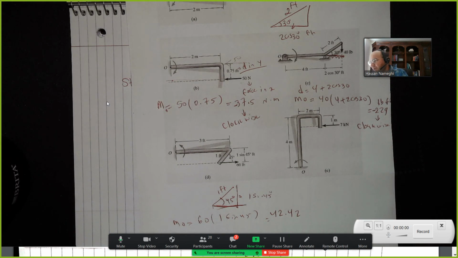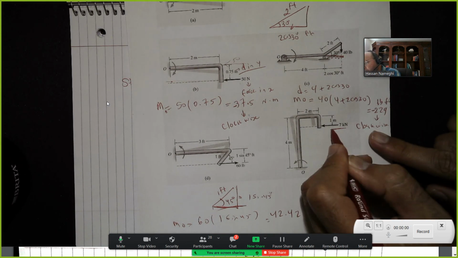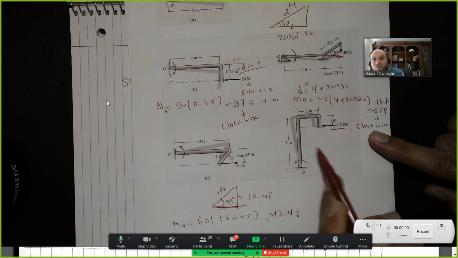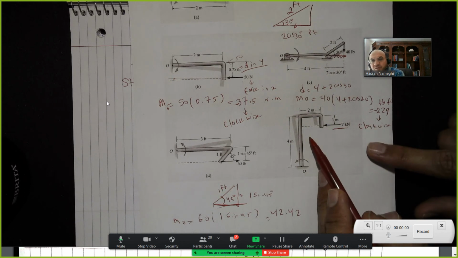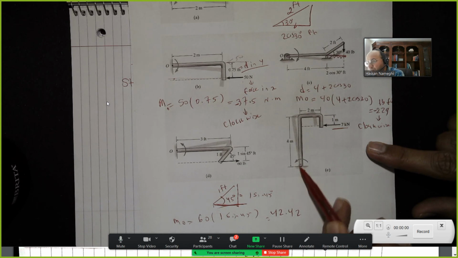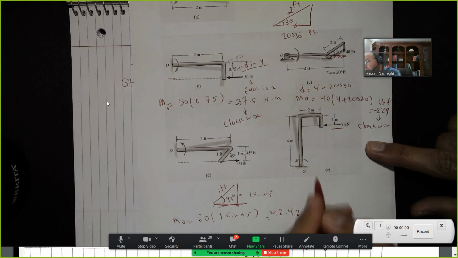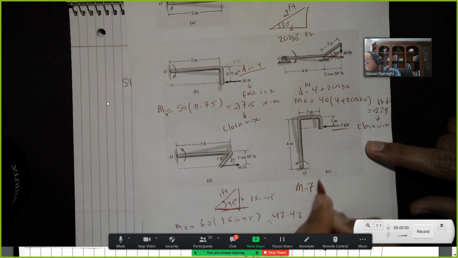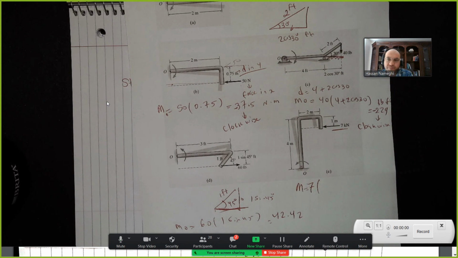The last one, I have 7 kilonewton. That's the force. I need to find the perpendicular distance between this 7 kilonewton force and the point O. So the force is 7, and moment is force times distance. How much would be the distance for this? So you have 3, exactly.